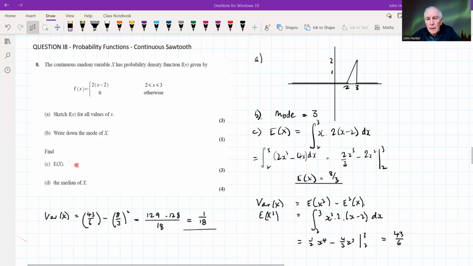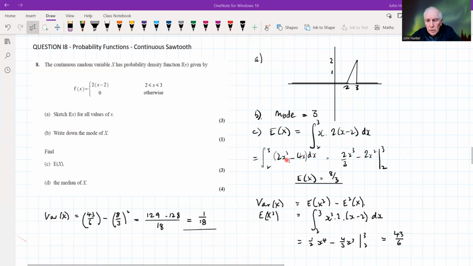But we can't quite do that for continuous functions. So what we have to do is integrate. The expectation of x across the whole range that we're interested in is the value times its probability across that range. That's where the dx comes in.